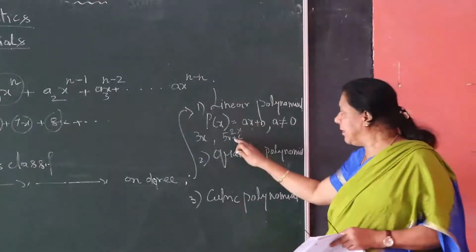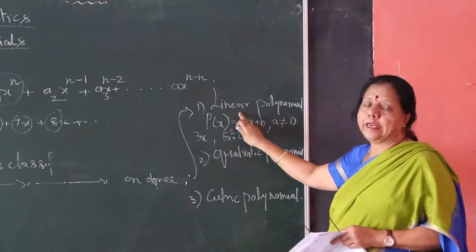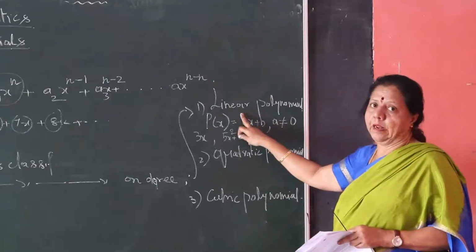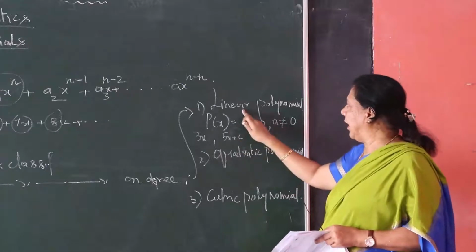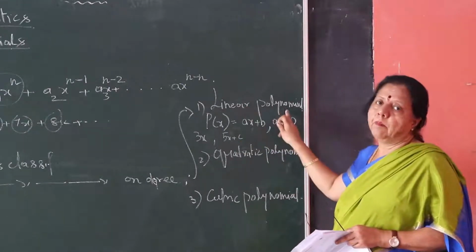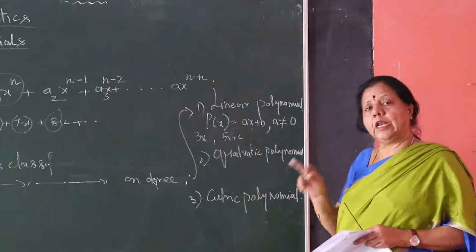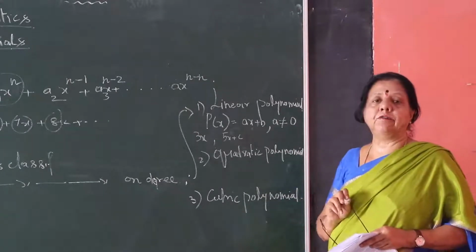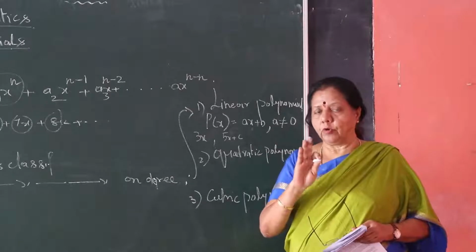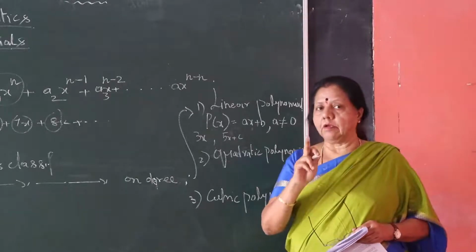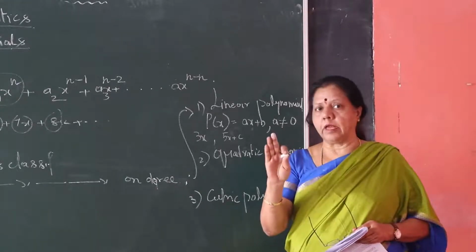If the power is there, we shouldn't call it a linear polynomial. Only without power can we call it a linear polynomial. Even in algebra, linear equation you have solved for x value only. X to the power of 2 you cannot. Linear equation is meant for no power.